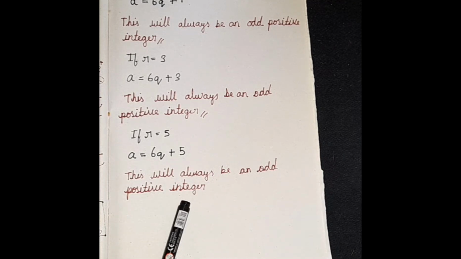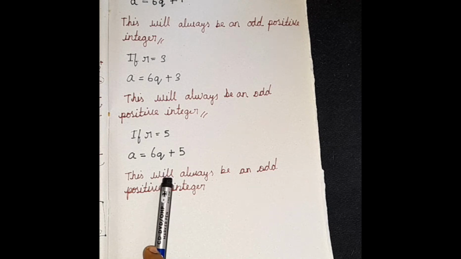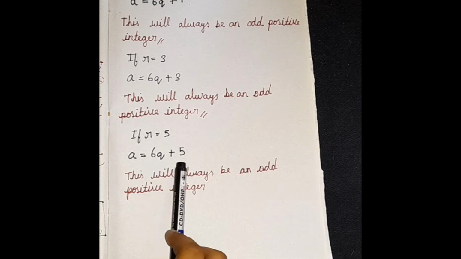So now we proved, if r is equal to 1, if r is equal to 3, if r is equal to 5, that everything is an odd positive integer. According to the question we are supposed to show that any odd positive integer is of the form 6q plus 1, 6q plus 3, 6q plus 5. Likewise, we just proved it.